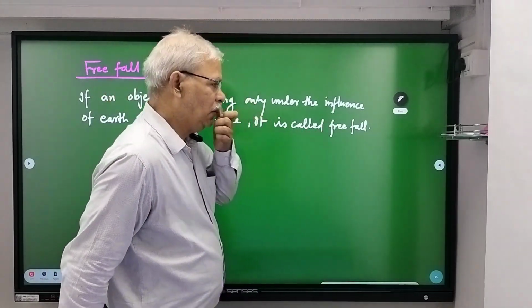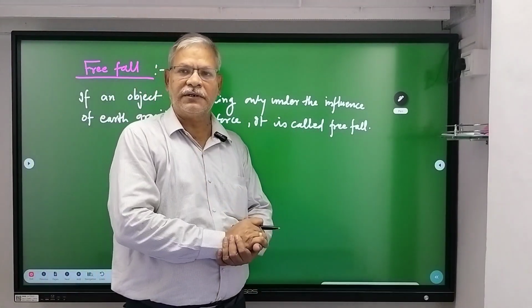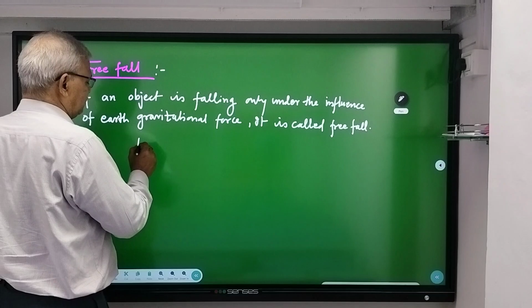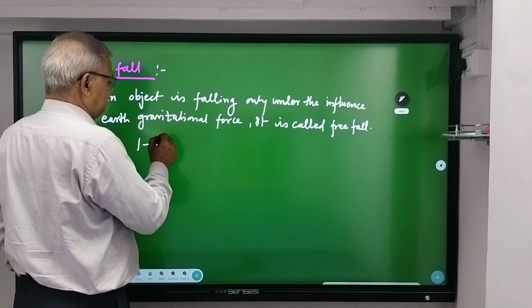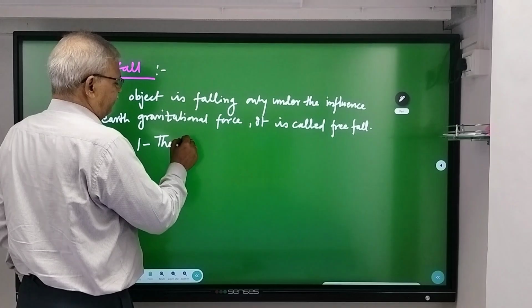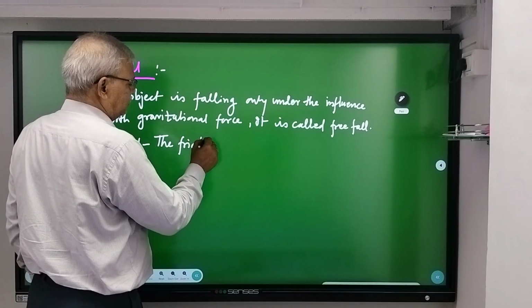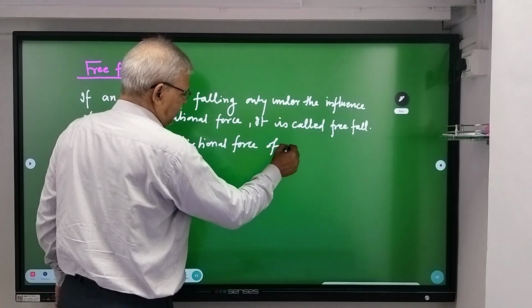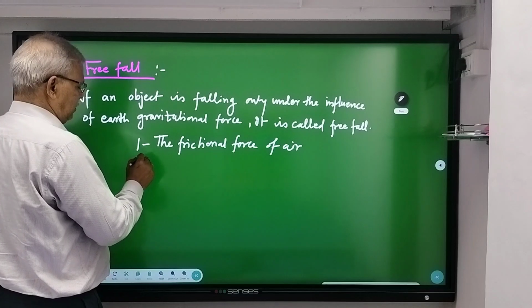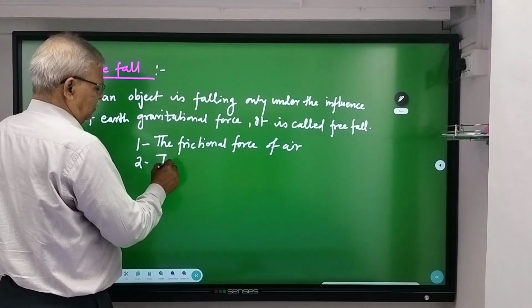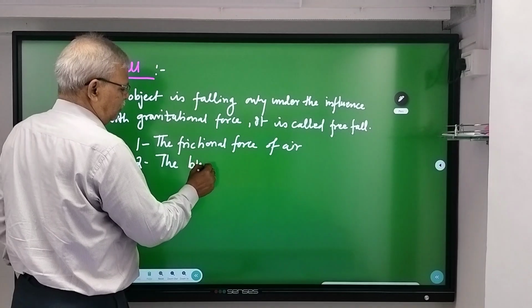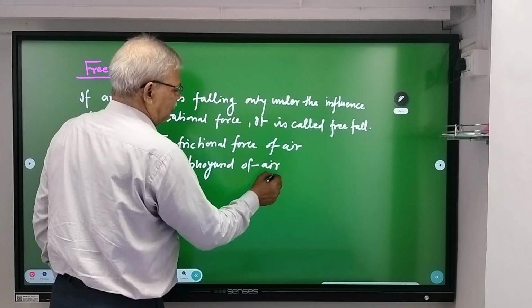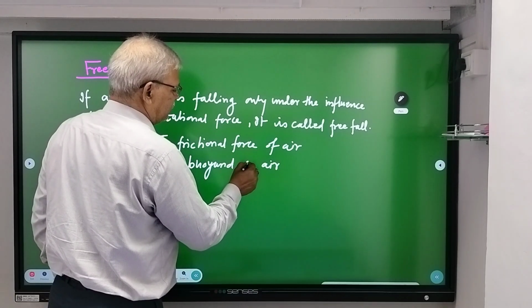But if we release an object from above, then two more forces are applied, that is the frictional force of air and the buoyant force of air.